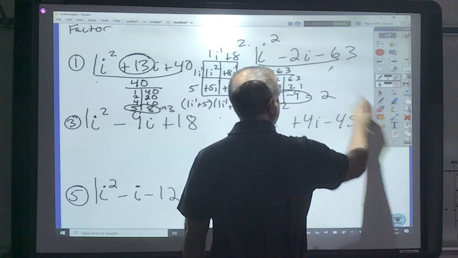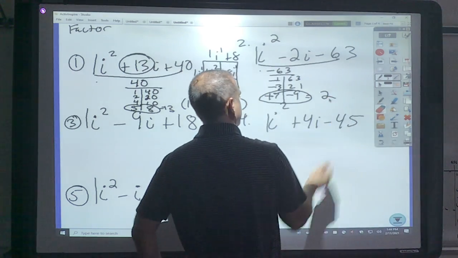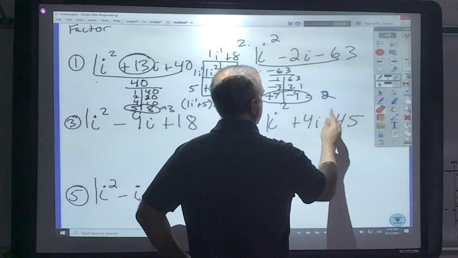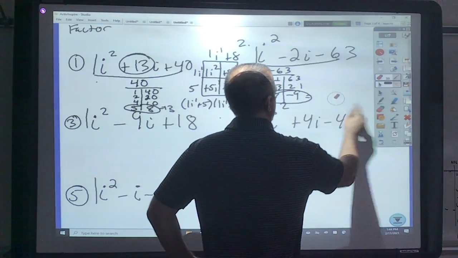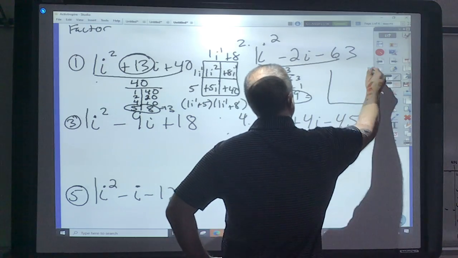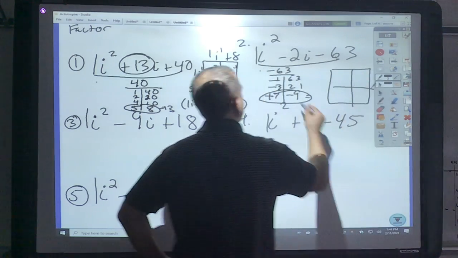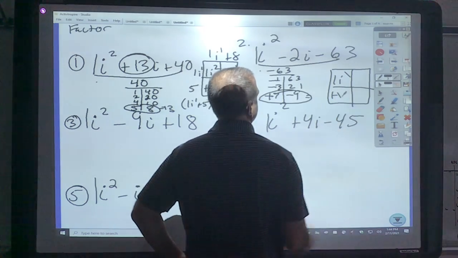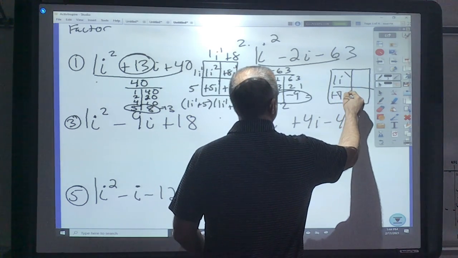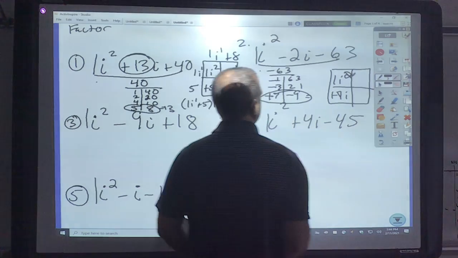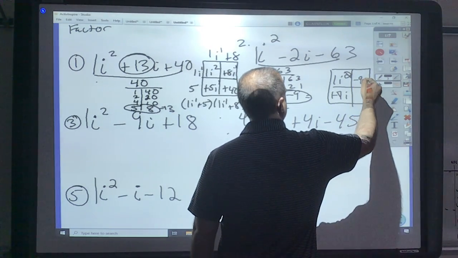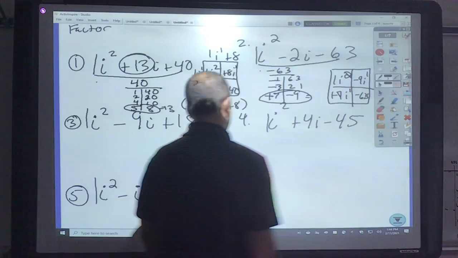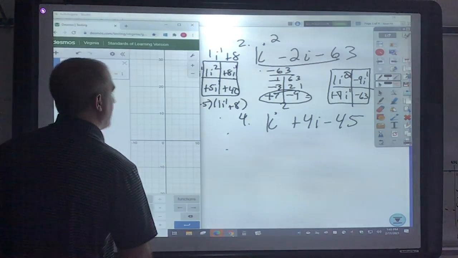So now I'm going to use my box. Let me erase this too, because of poor use of board space here. Here's my box: 1i squared plus 7i minus 9i to the first, minus 63. You need to do the GCFs.